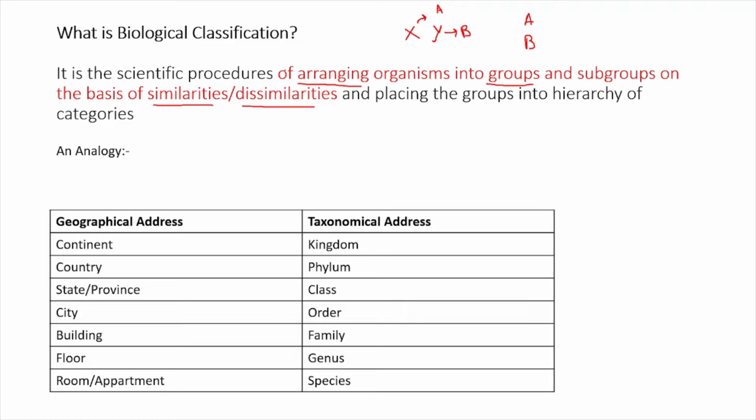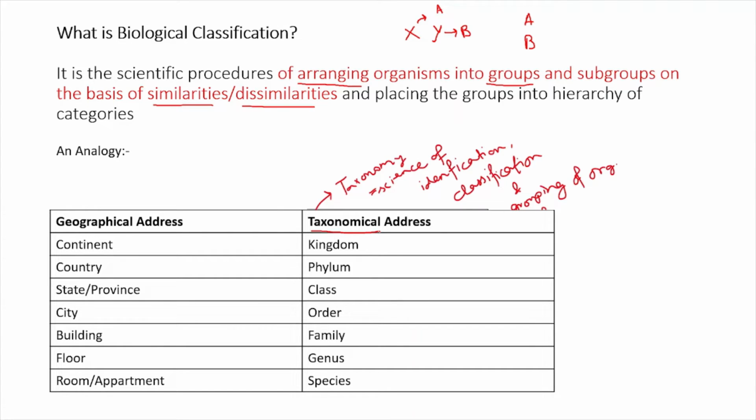Suppose we take an analogy here, like a geographical address, and we compare it to a taxonomical address. So what is taxonomy? First of all, you need to know what is taxonomy. Taxonomy is the science of identification, classification and grouping of organisms.